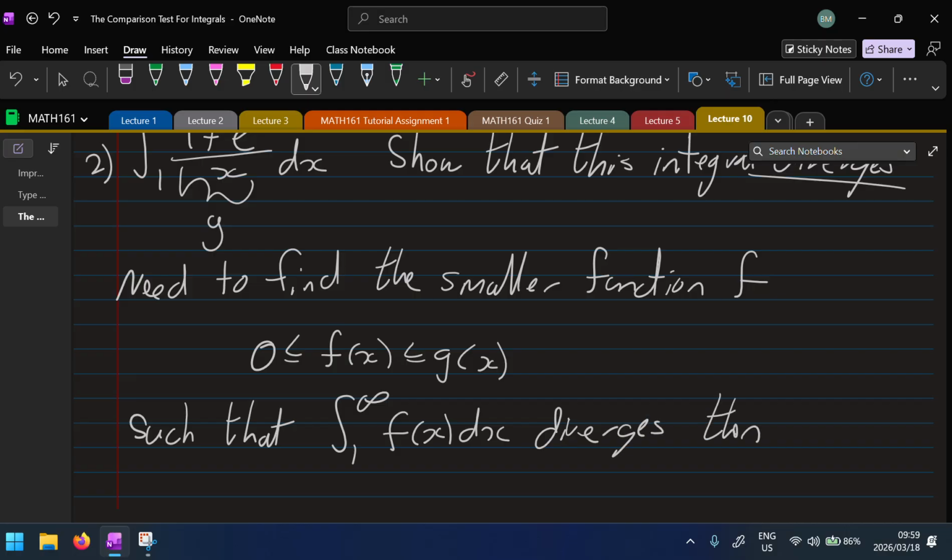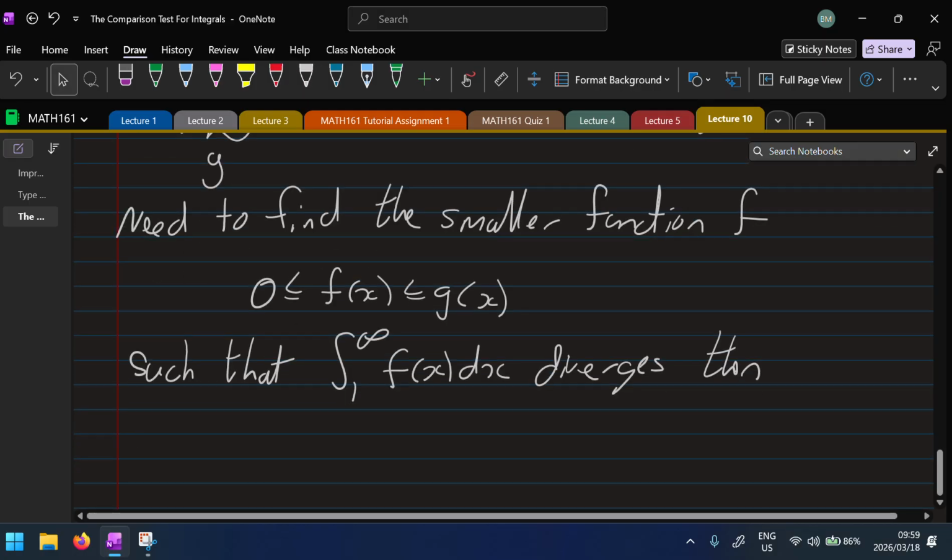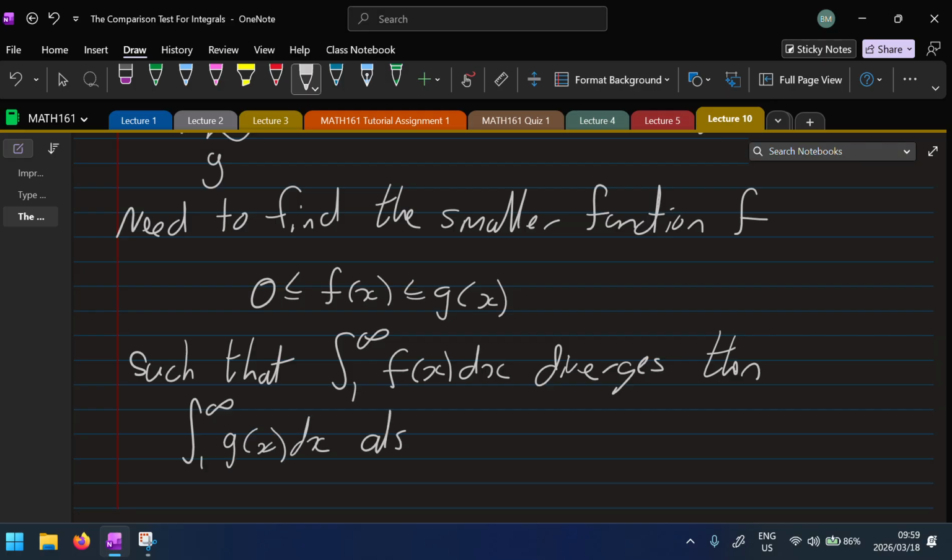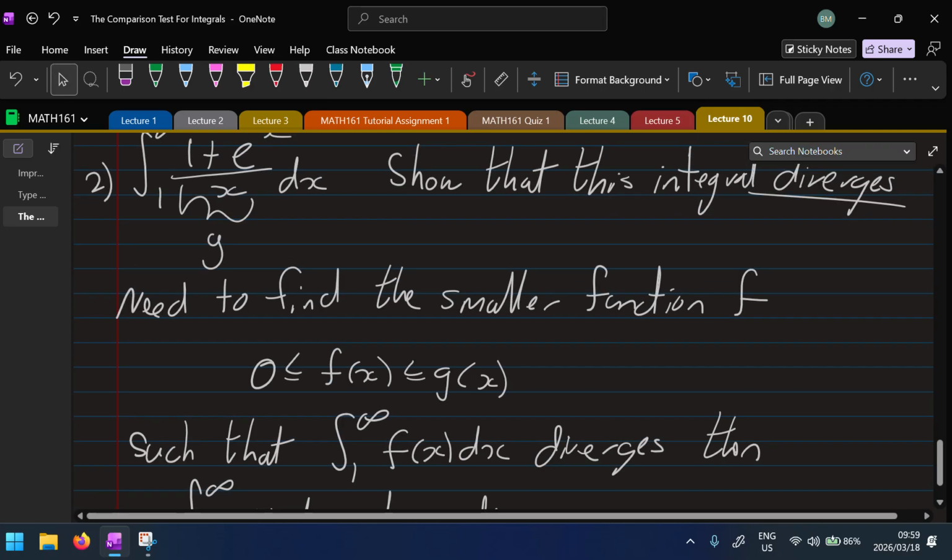Then, if the smaller one diverges, then this one that we call g also diverges. That's what we want. We want to show that this g here diverges.